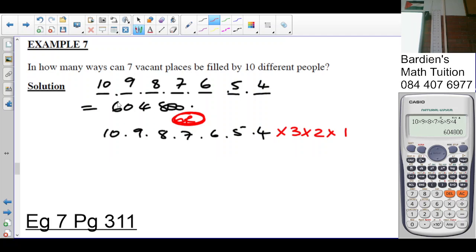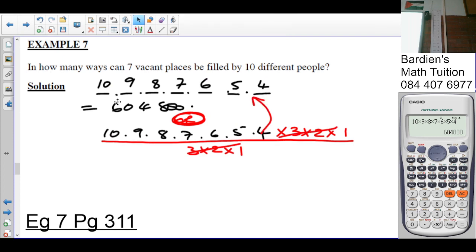So, if we brought in the product of 3 times 2 times 1, then I must divide by the same product. With that, now will give us exactly what we have there. Not so?